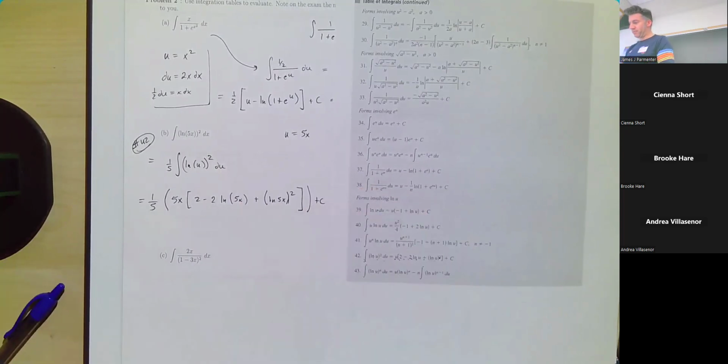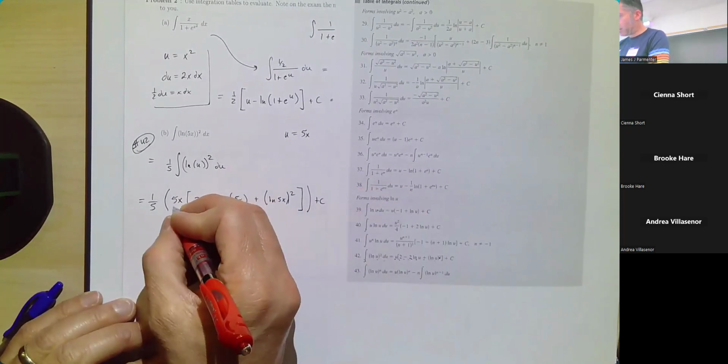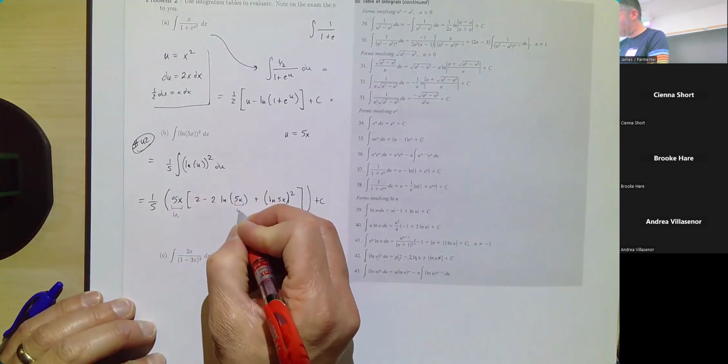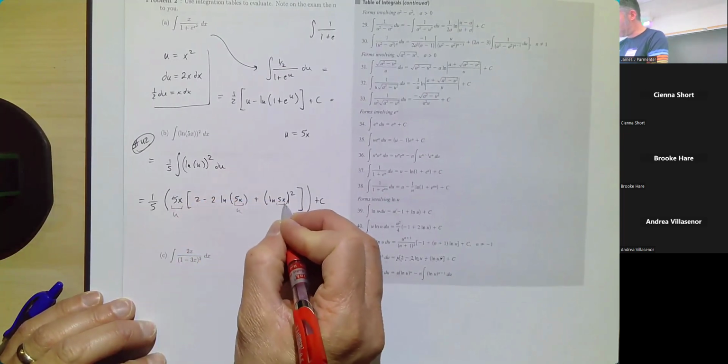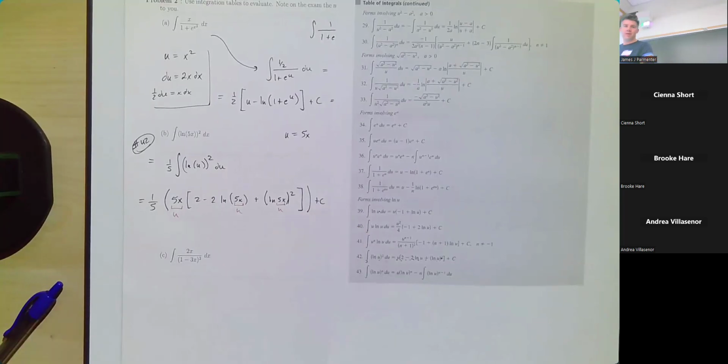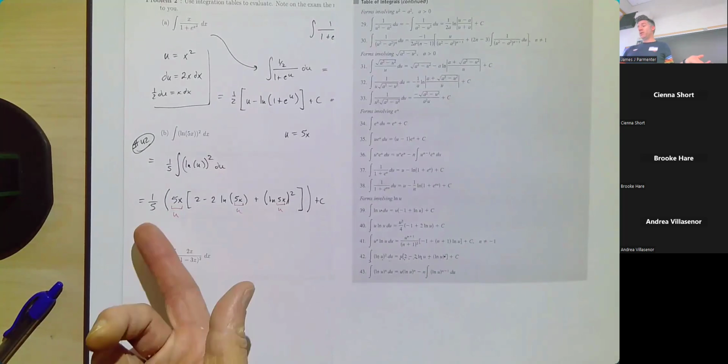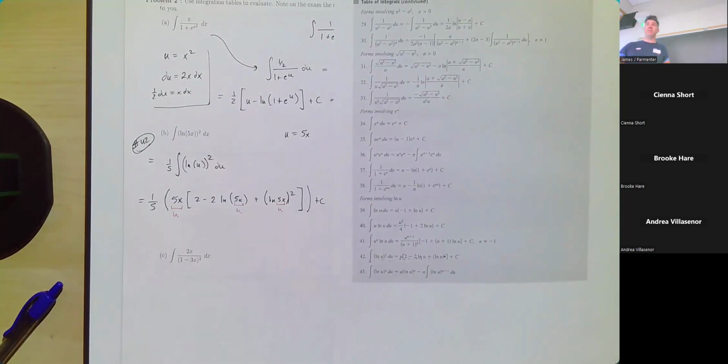Right, there's my u times 2 minus 2 natural log of u plus the natural log of u squared. The reason I'm not writing out the intermediate stuff is because it's a long formula and I'm trying to save time. So if you can do it this way, that's fine. If you need to write the intermediate step, that's also fine.